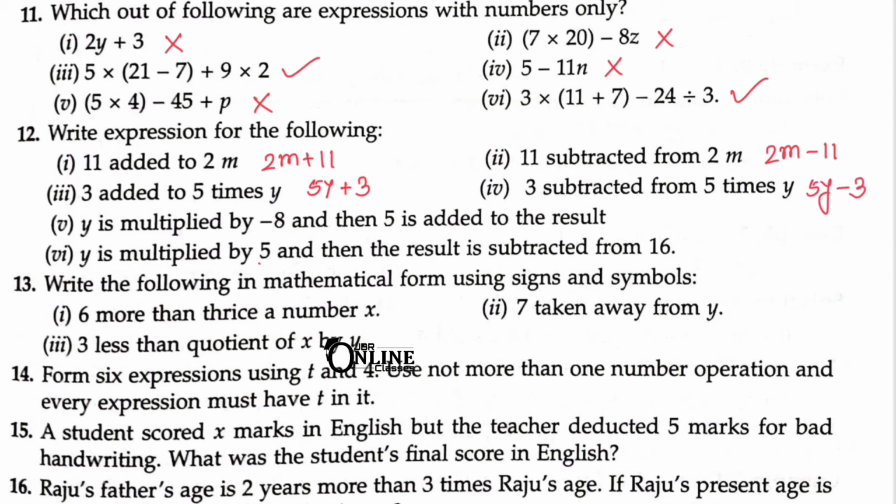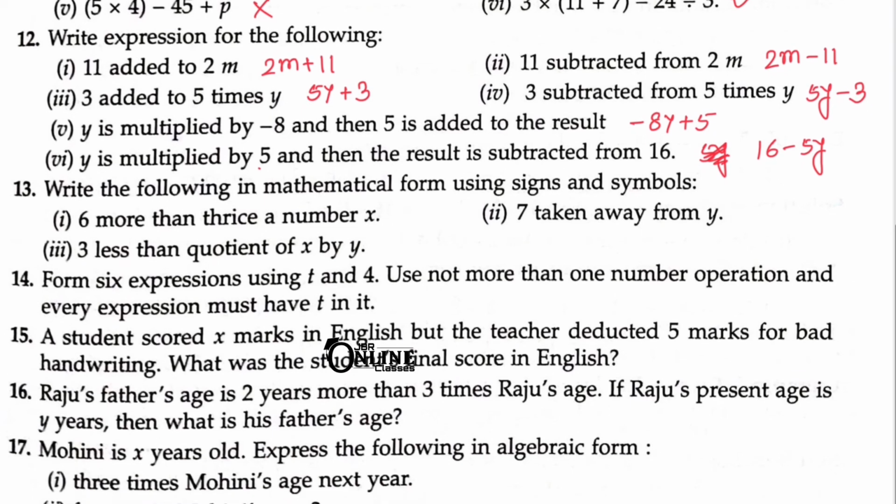Y is multiplied by minus 8, that means minus 8y, then 5 is added to the result, so minus 8y plus 5. Y is multiplied by 5, that means here 5y, then the result is subtracted from 16, so that means first you have to write down 16, then minus 5y. Okay, 16 minus 5y, that one is your answer.